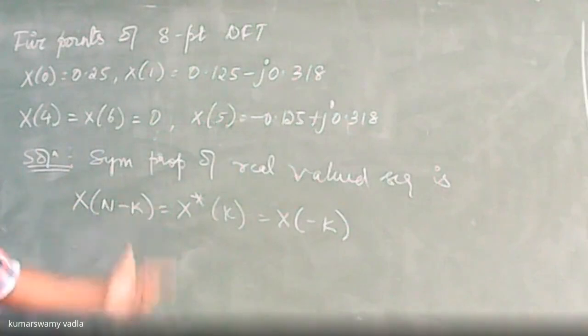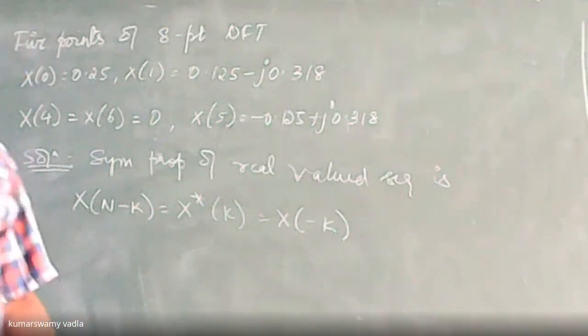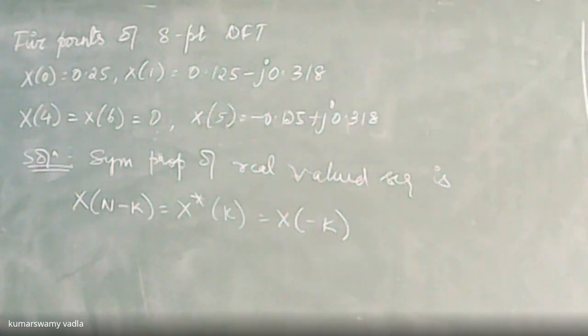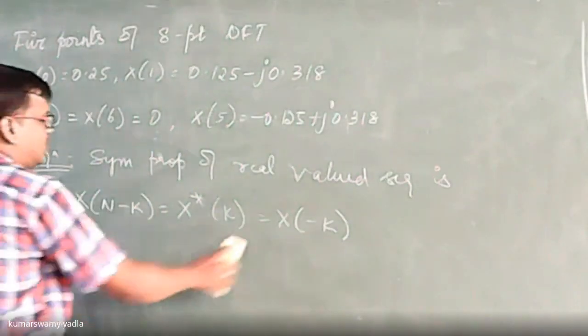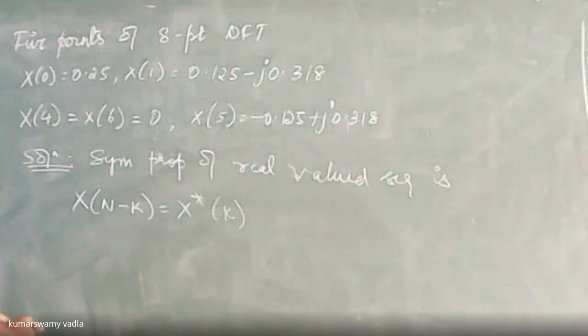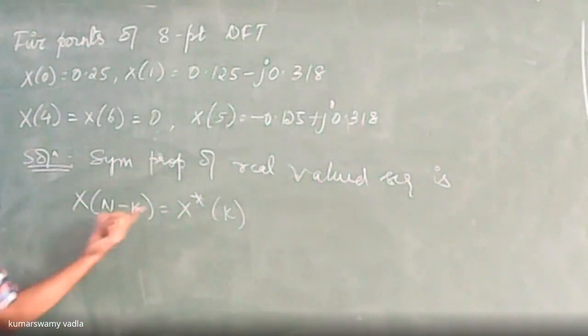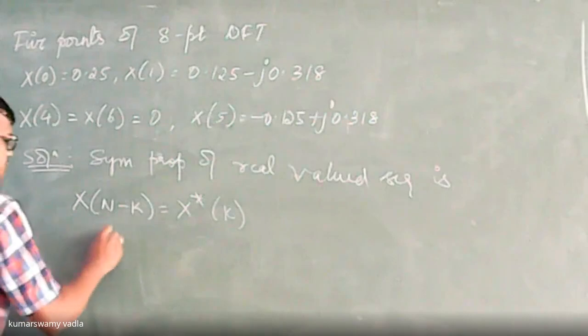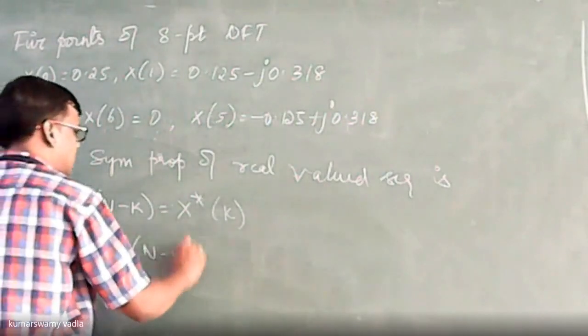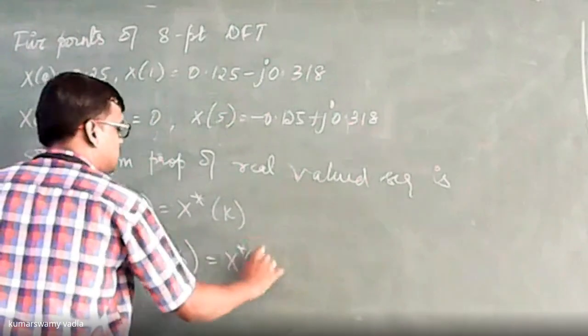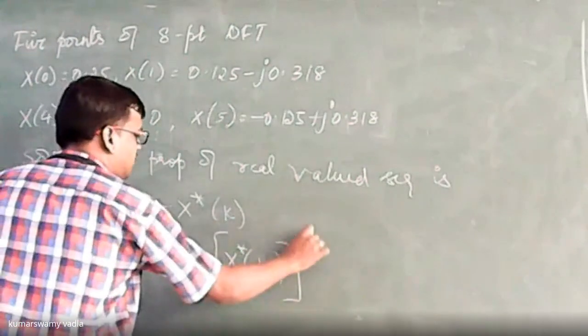We have solved this derivation, yes or no, students? Okay. Now, if I consider only this part and apply conjugate on both sides, what happens here? X conjugate of minus k is equal to x conjugate of k with the conjugate.